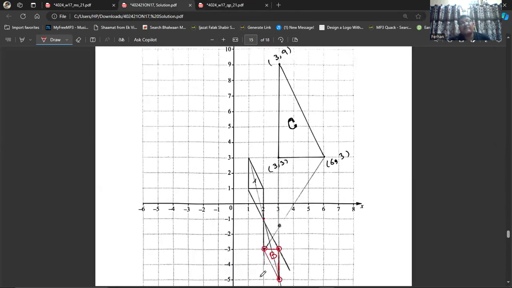So I will join the same points with each other, and you can see I joined this point with this point, and this point with this point. Where they intersect, that is the center of the enlargement. So that is, I think, (3, -1.5).